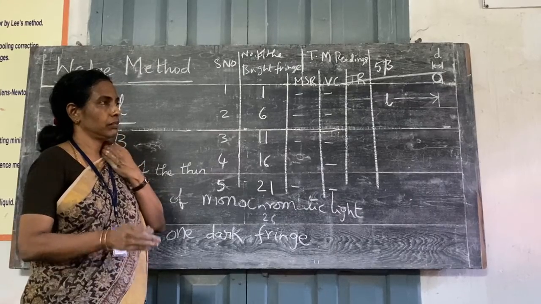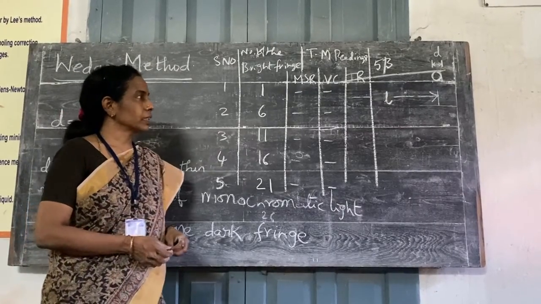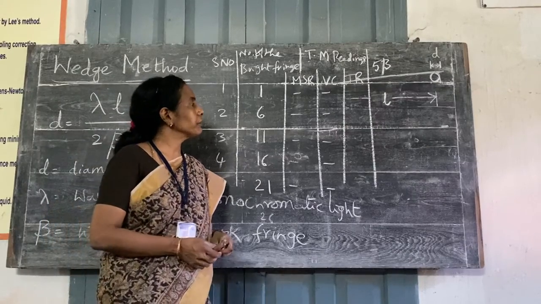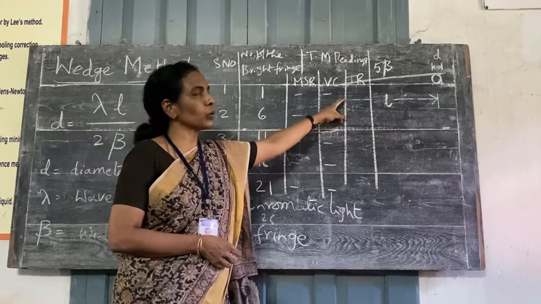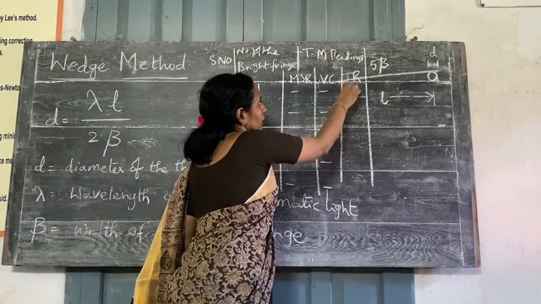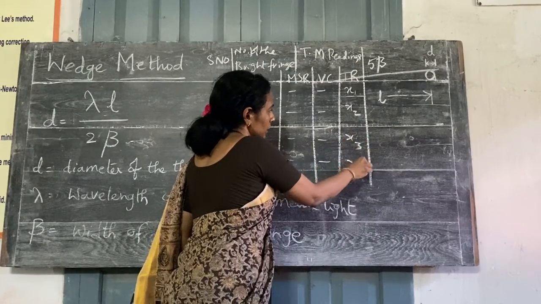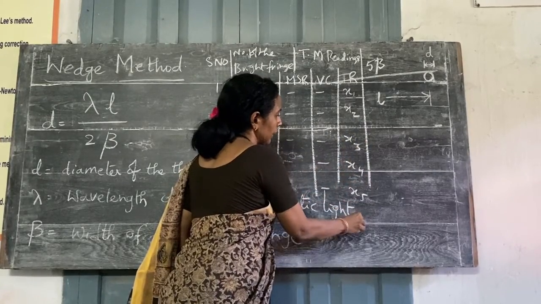By moving that horizontal scale, after getting the total reading, x1, x2, x3, x4, x5 and x6.